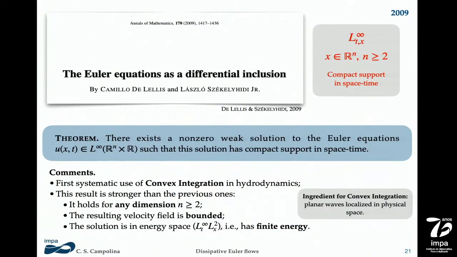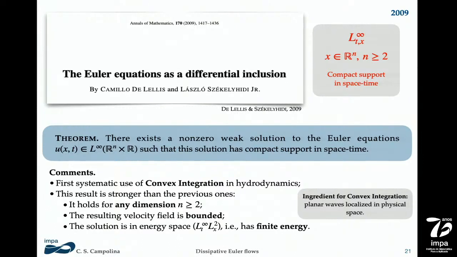Then, in 2009, we have this groundbreaking paper by Camillo De Lellis and László Székelyhidi. They construct a solution in L infinity, in both space and time, t and x.